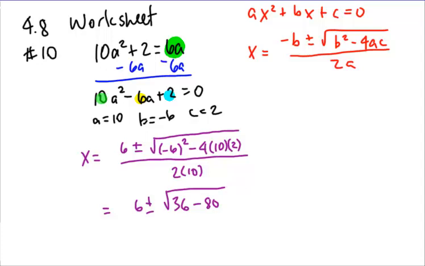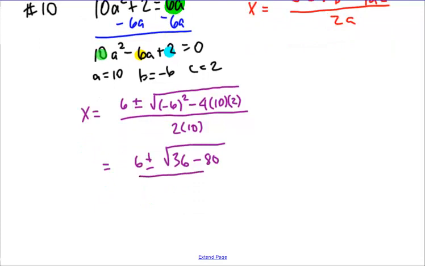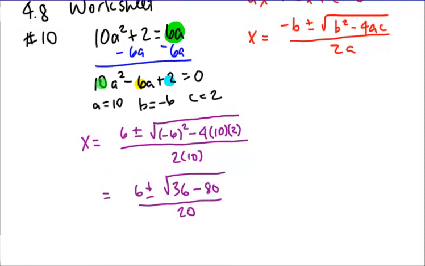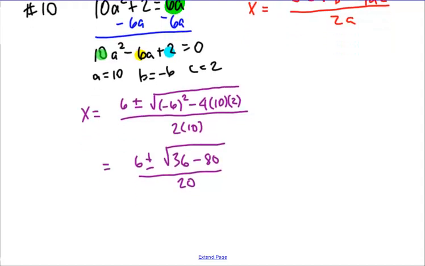And all that's over 20. Okay. So go one more step further, and we're going to go with 6 plus or minus the square root of negative 44 over 20.